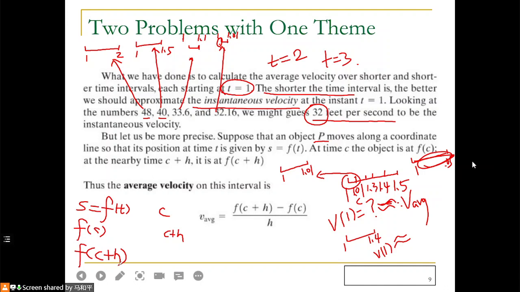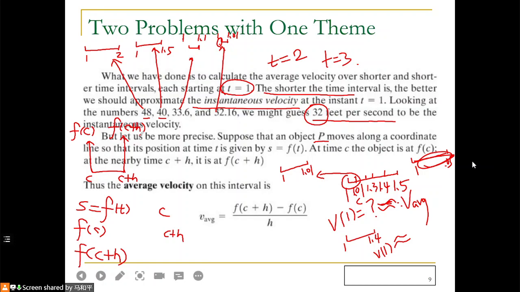The time interval goes from c to c plus h. At c, the position is f of c. At c plus h, the position is f of c plus h. So we can calculate the average velocity on this interval.